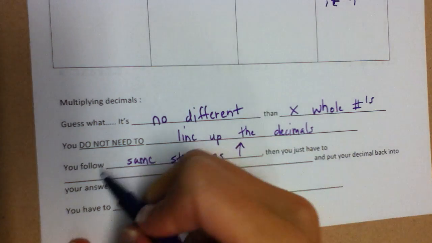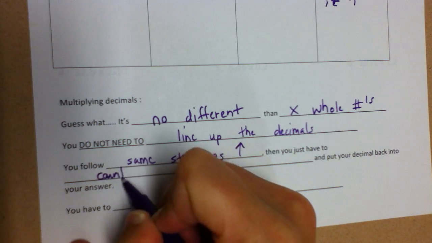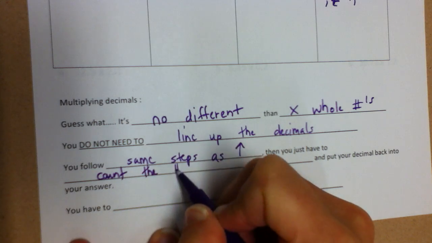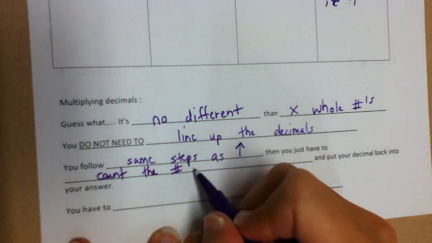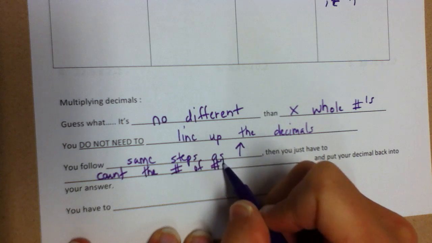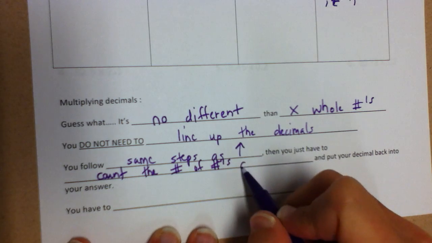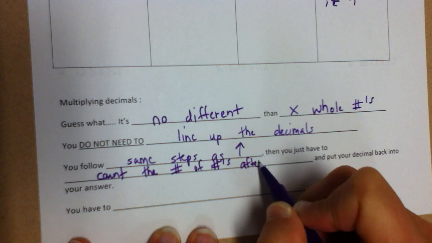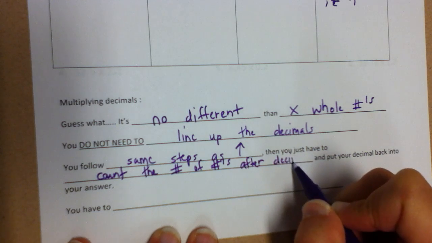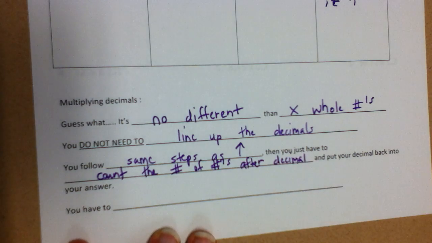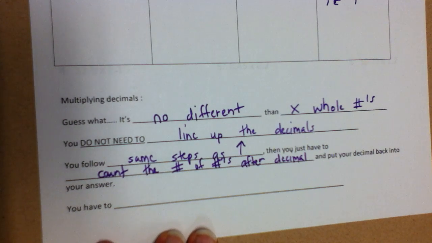Then you just have to count the number of numbers after the decimal and put your decimal back into your answer.